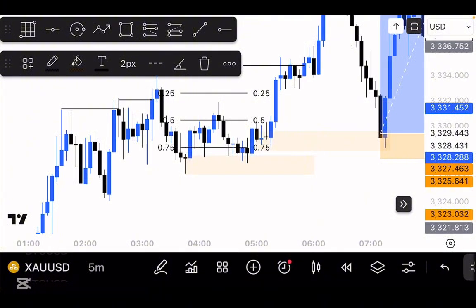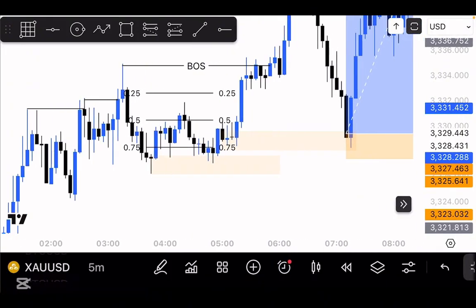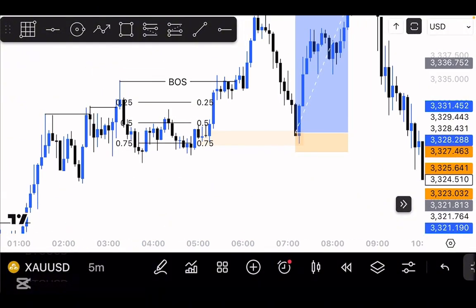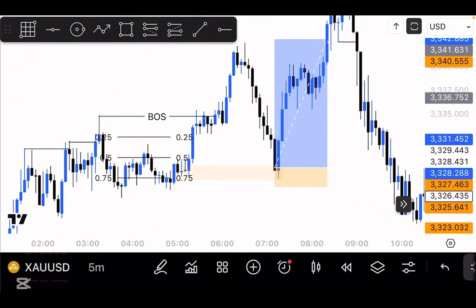Whenever I spot a setup, I use this one first. If this doesn't work out, I'll use the second one. But in this case, this first area after the 50% perfectly met up with the trend, and price went in the direction aggressively.